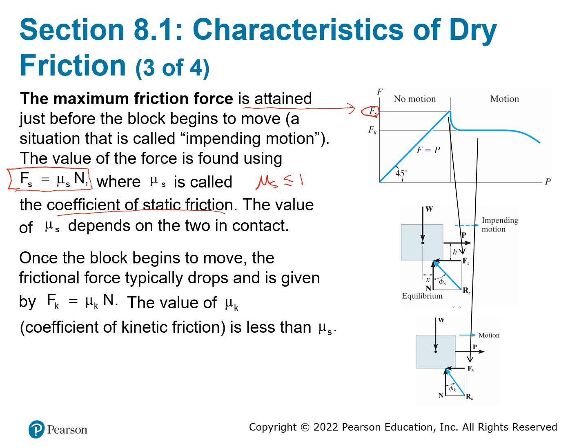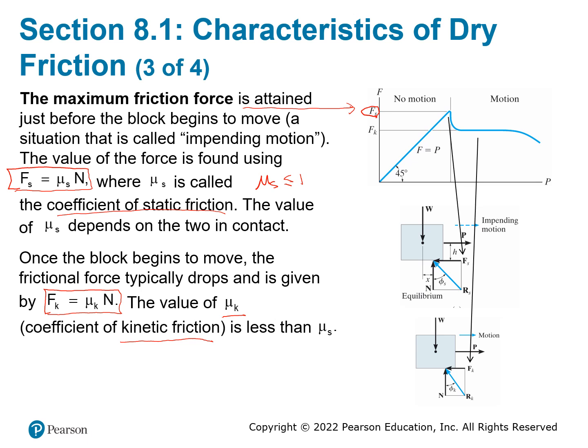And this microscopically is like the roughness of these two surfaces. If that starts to move, then your friction will become kinetic friction force, and this force itself is going to be mu k times N, where mu k is the kinetic friction coefficient.